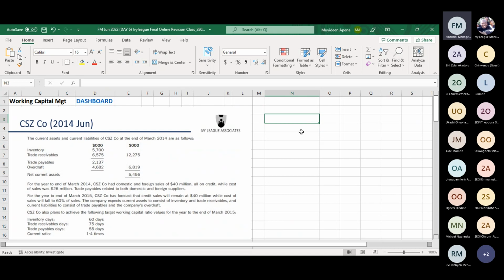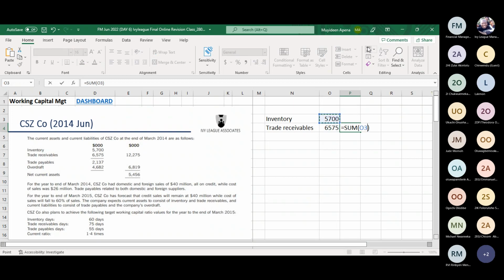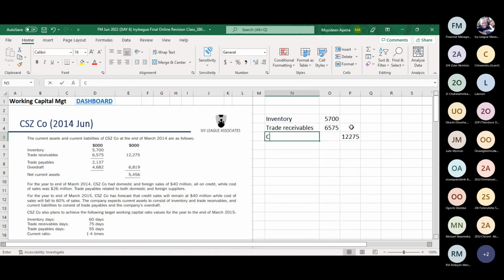So we have inventory, we have trade receivable. $5,007 inventory, 6,575 trade receivable, giving a total of 5,275. So let's call that current asset.